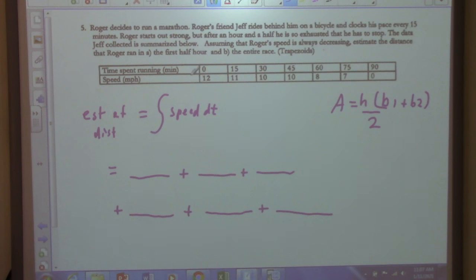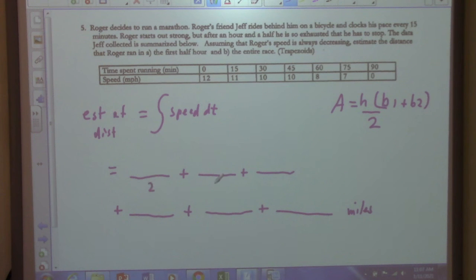We want to find the distance, and we're in miles per hour, and time spent running in minutes. What is going to be the width of our trapezoids here? We want to find miles.